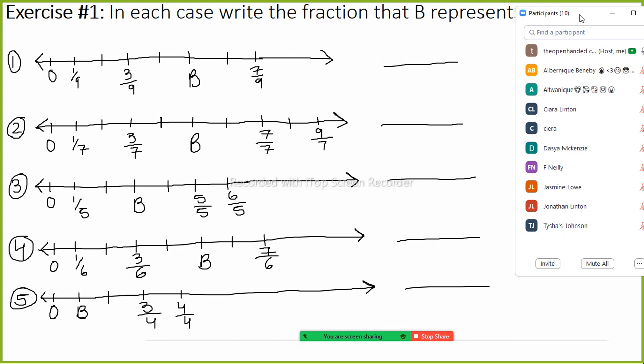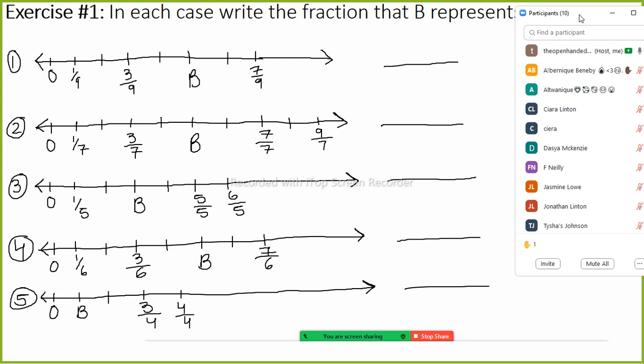So let's tackle this quickly. All right, that's time.